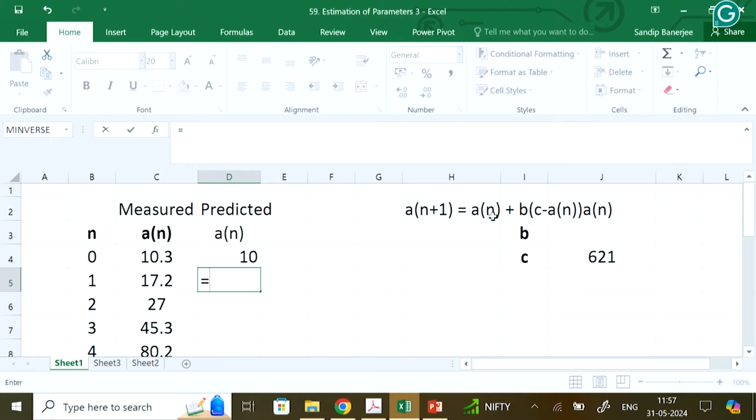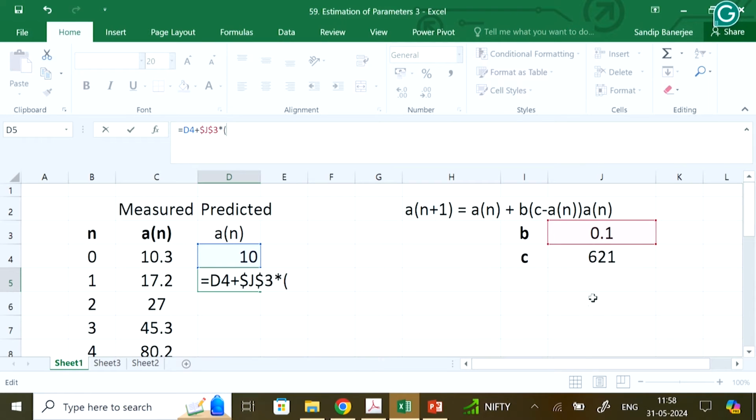So, this will be equal to a n. If I put 0 here, it is a1 equal to a0 plus b times c minus a0 into a0. Now, this is equal to a0, which is this, plus b times, so I have to put a value here, say 0.1. This is equal to a0 plus b times, which is a constant, multiplied by c.